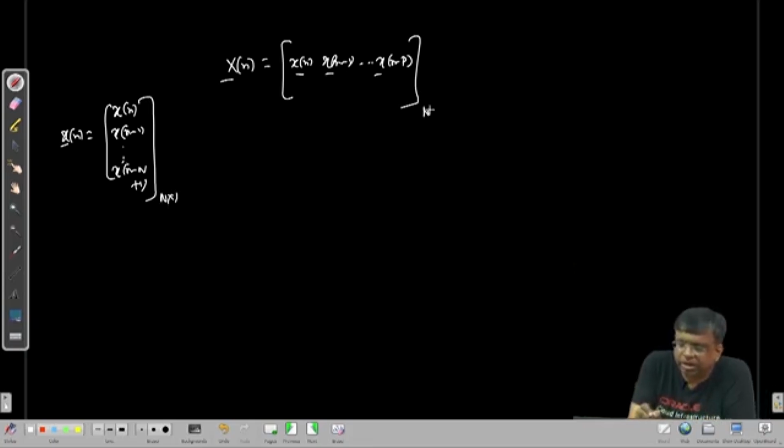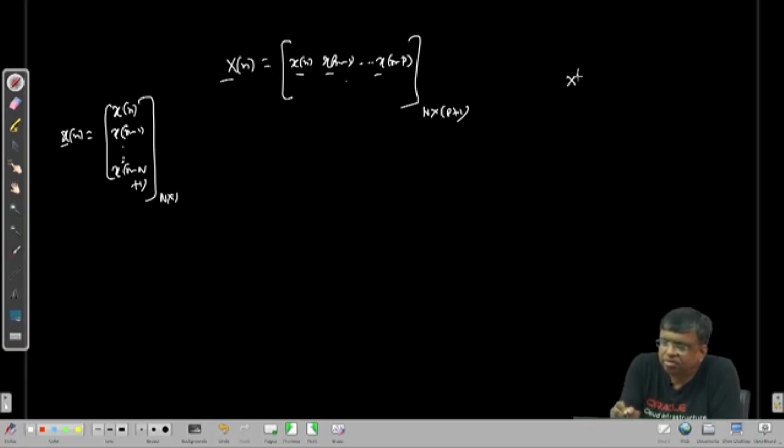So this matrix is n cross p plus 1. If the columns are linearly independent, that is, you cannot write any column as a linear combination of the others, then we say it is full rank, full column rank. In that case, x transpose n x n will be invertible. How? We are coming to that.